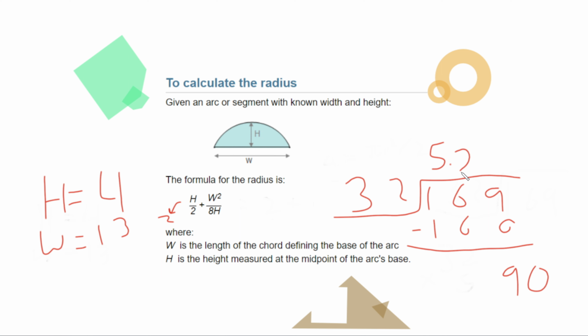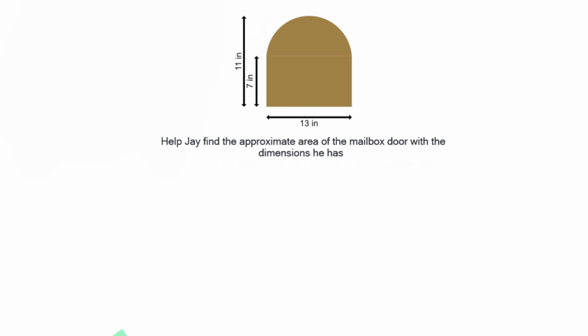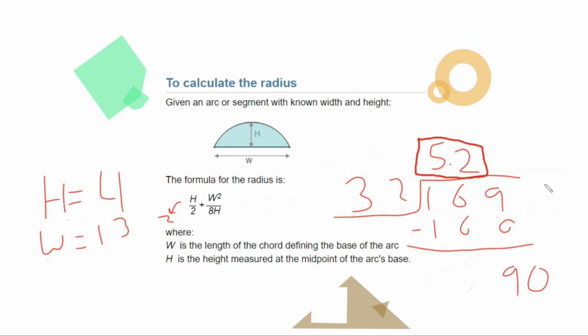So 5.2, and we can use this because it's asking us for the approximate. So if we scroll up, we see approximate area, meaning that we don't have to find everything exact, but we should keep it pretty exact until the very end where we round it up and use no decimals.